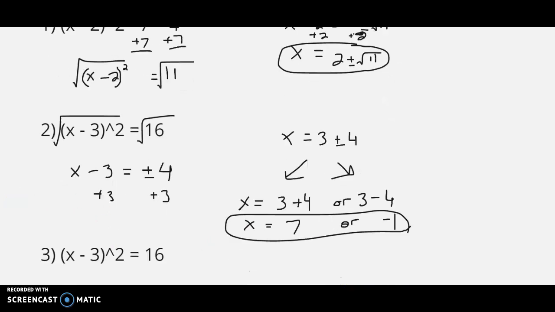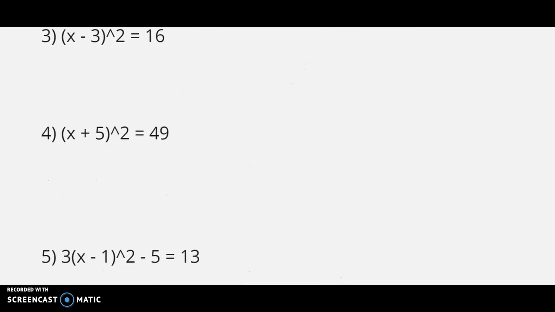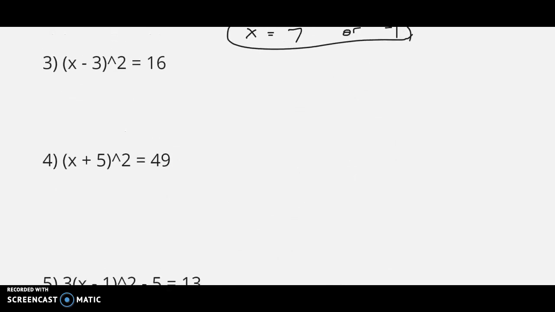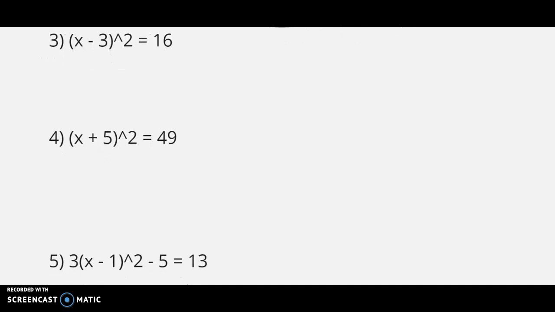Alright, let's look at a couple more. Okay, for number 3 here. And whoops, I think that might be a typo. Yeah, let me do a different number 3 here. Meant to say x plus 5 quantity squared equals 49.